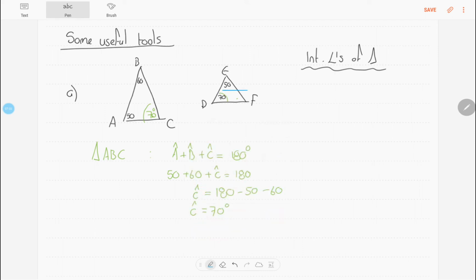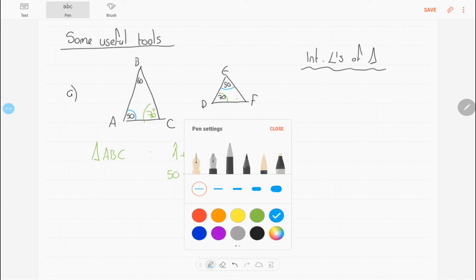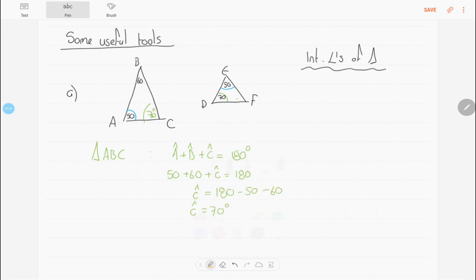So we've got our 50 here and we've got our 50 here. So if this last value, angle F over here, is equal to 60, then we're good. So let's hope that it is, right? So in triangle DEF, we have angle E plus angle D plus angle F is equal to 180 degrees, and we're going to do the same thing.